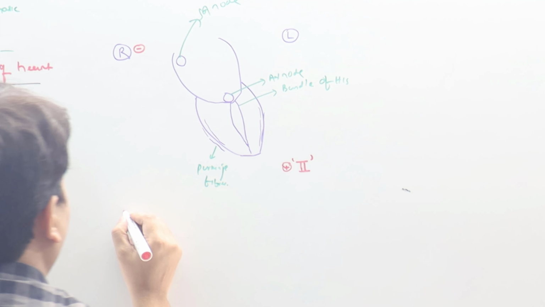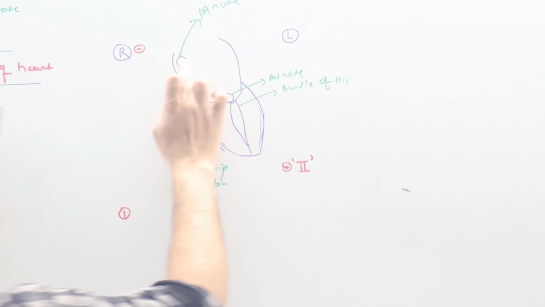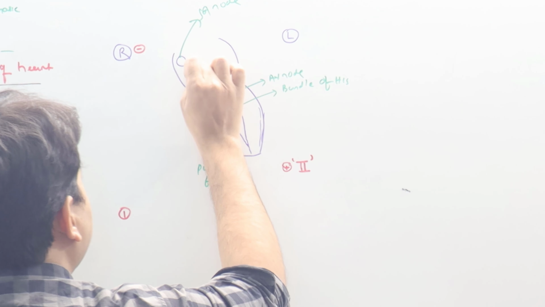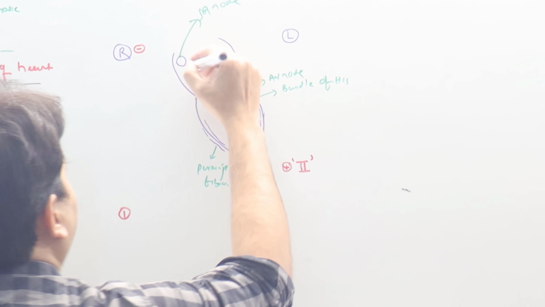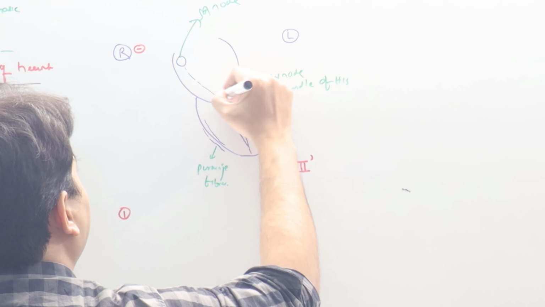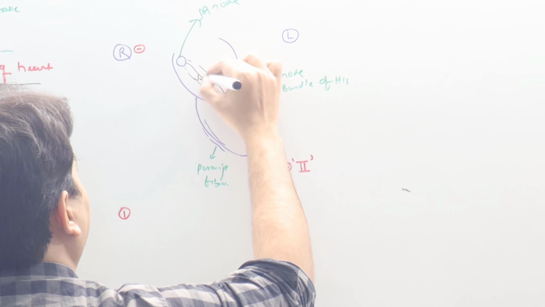So number one, the impulse will be generated in the SA node, right? From the SA node, the impulse will travel to the AV node, right?